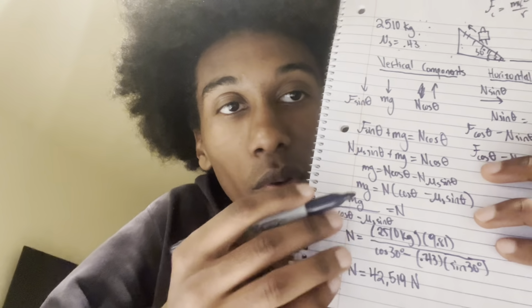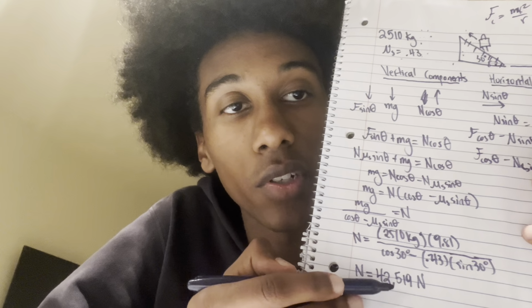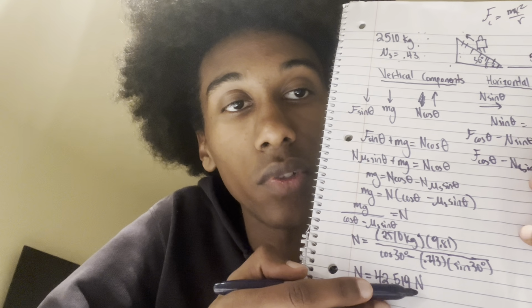But actually, let me do this math one more time. I'm going to pause it really quick. All right, I've done the calculations, and it is correct. So after doing a bit of math, we find that our normal force is equal to 42,519 newtons.